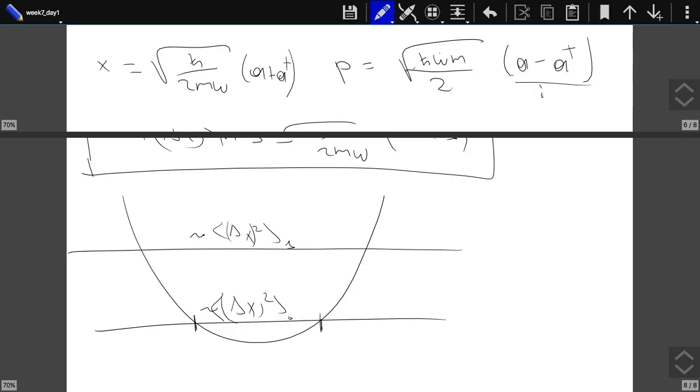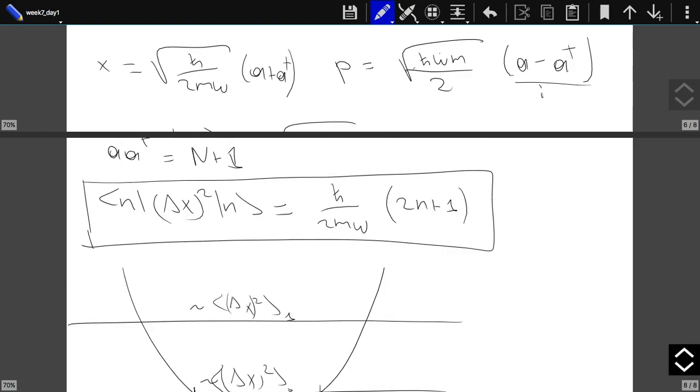They are not localized at one point or the other point. That is why we had this average of x was 0. Delta x, average of delta x turns out to be non-zero, and the particle can spread out more distance if its energy is larger. So that's basically what this tells me.